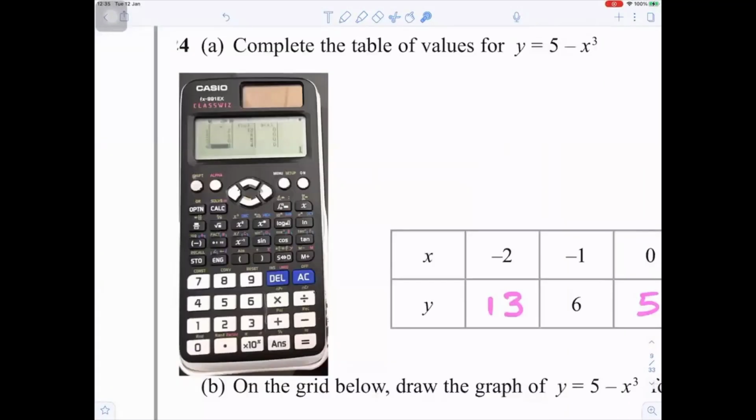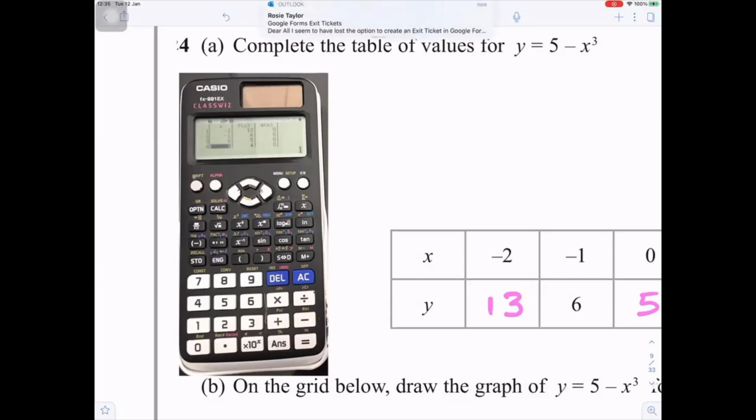With your Casio ClassWiz calculator, if you enter the function y equals 5 minus x cubed, you will get the table where you have the column for x and the column for f of x. And those numbers are the ones you use for completing the table. There's a video with instructions on how to do that.